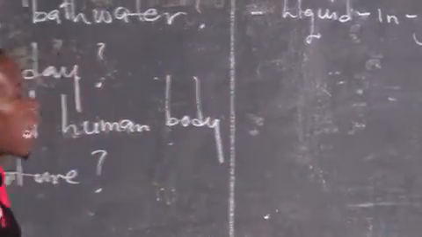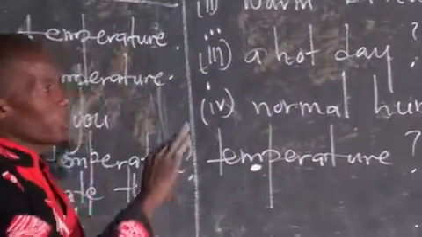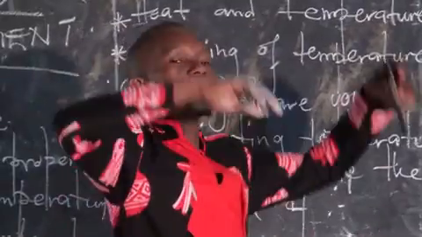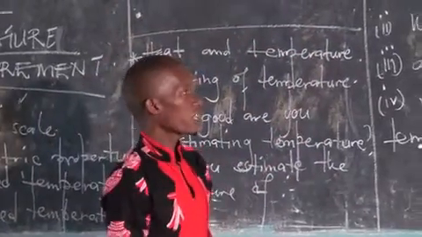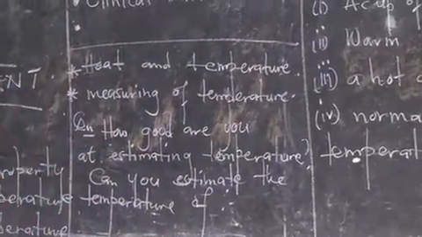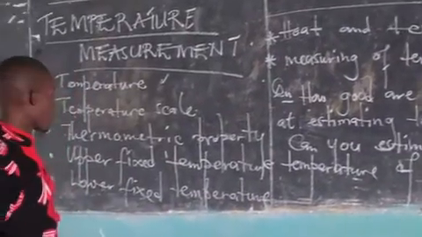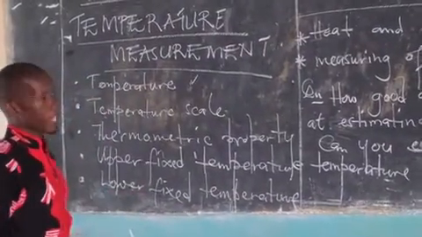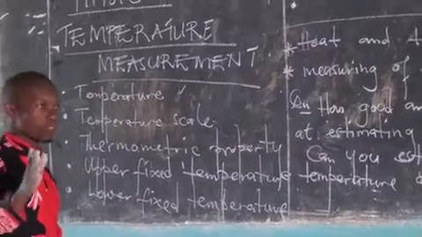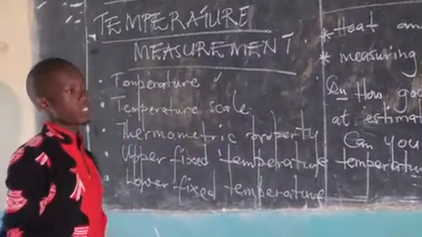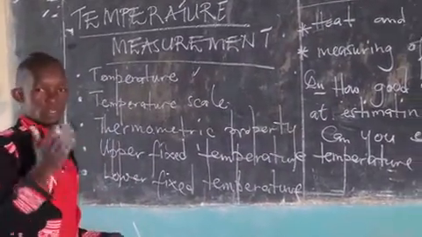We use it in the lab, and you find that one in the lab. To identify the rest of the types of thermometer, open the books, read, and you get to know the types of thermometer.